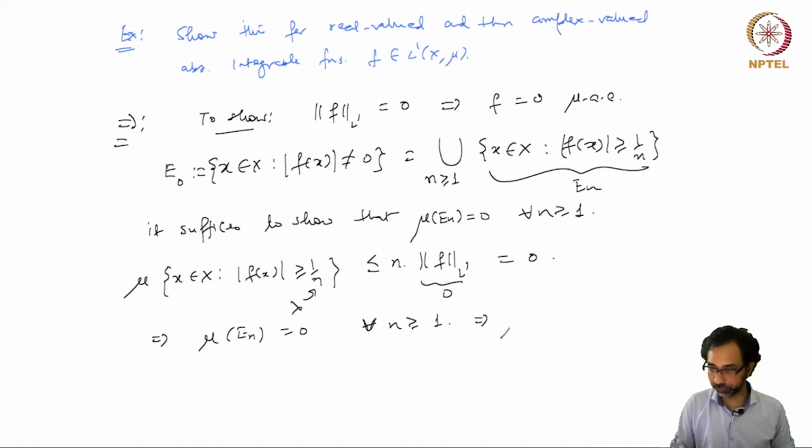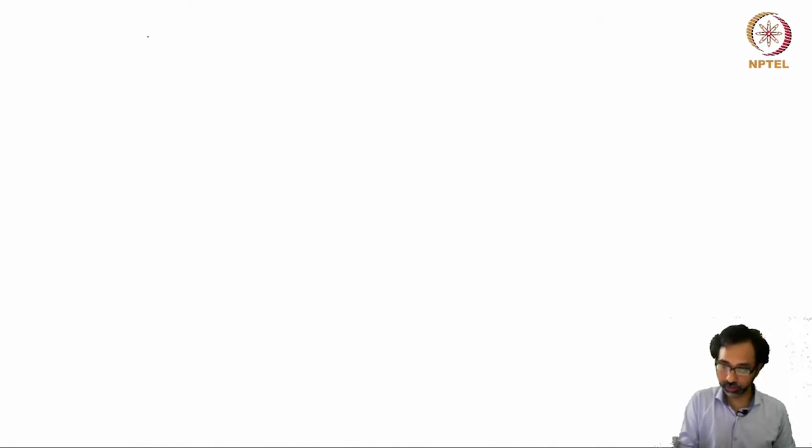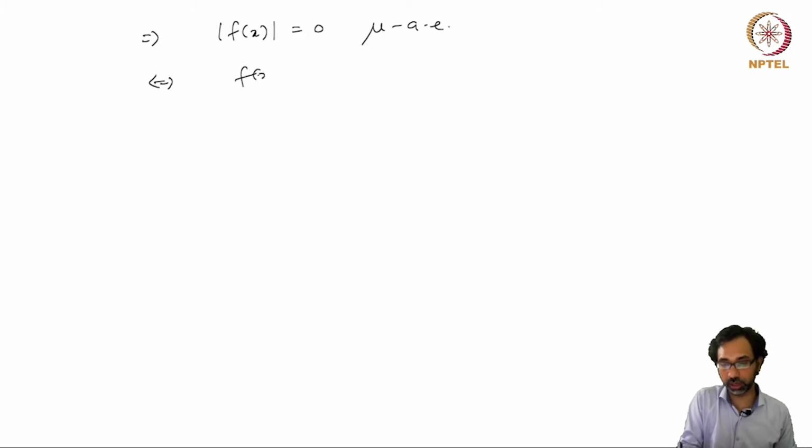So this implies that mod f(x) equal to 0 mu almost everywhere, and this is equivalent to saying that f(x) equal to 0 mu almost everywhere.